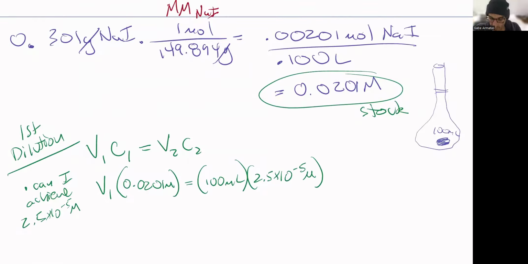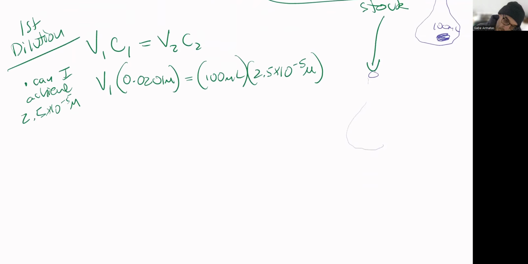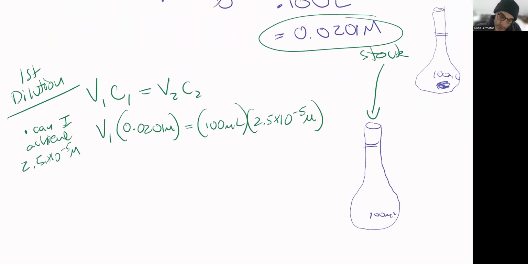This is simply asking how much of the stock solution to put into a 100 milliliter vessel. So if I were to take this and put it into a 100 milliliter vessel and fill it up, could I reach what I'm looking for?